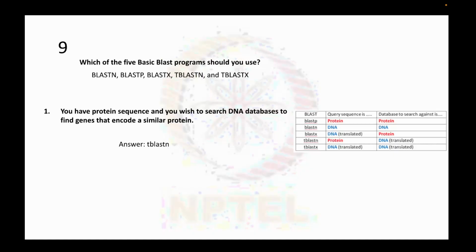So this is tBLASTn, where the query sequence is protein and the database to search against is DNA, which is translated into 6 reading frames.